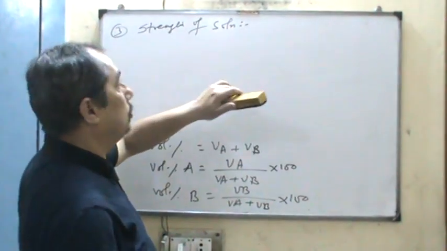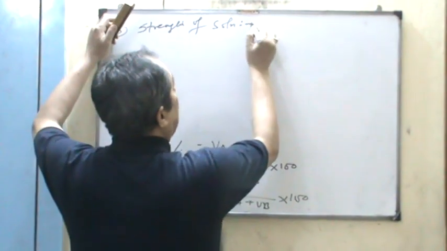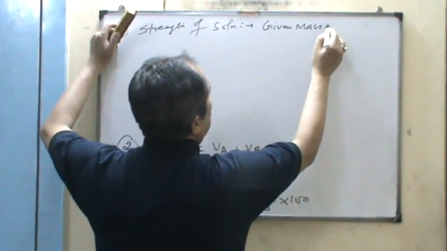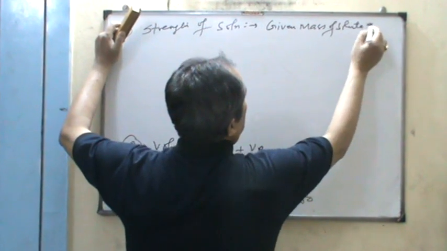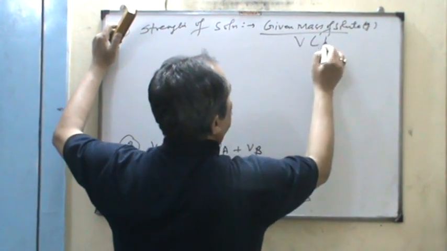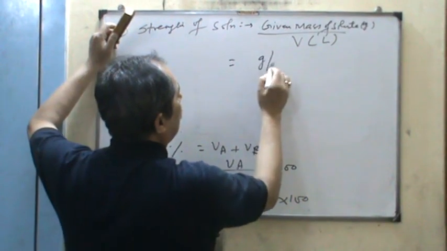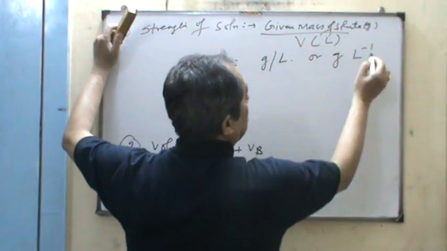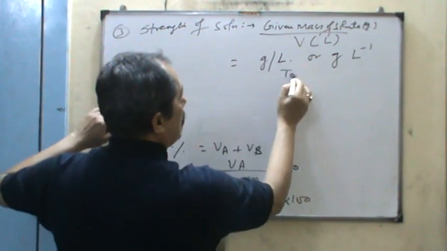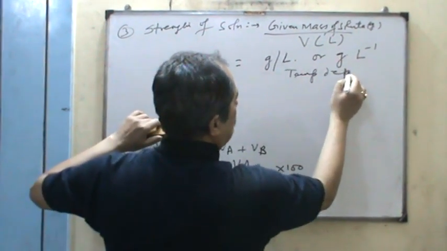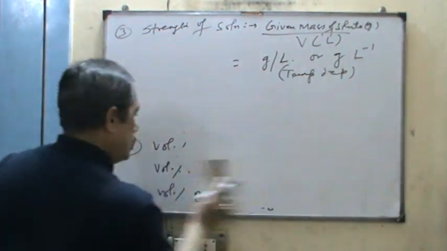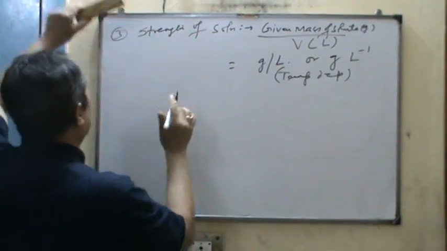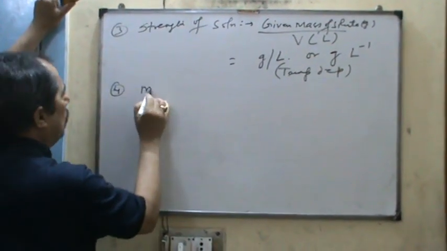So far as the strength of the solution is concerned, you can calculate the numerical given the mass of solute in gram and volume of solution in liter. So what is the unit? Anybody? Gram per liter or gram liter inverse. So it is very much temperature dependent. I will provide you the numerical in my assignment class.